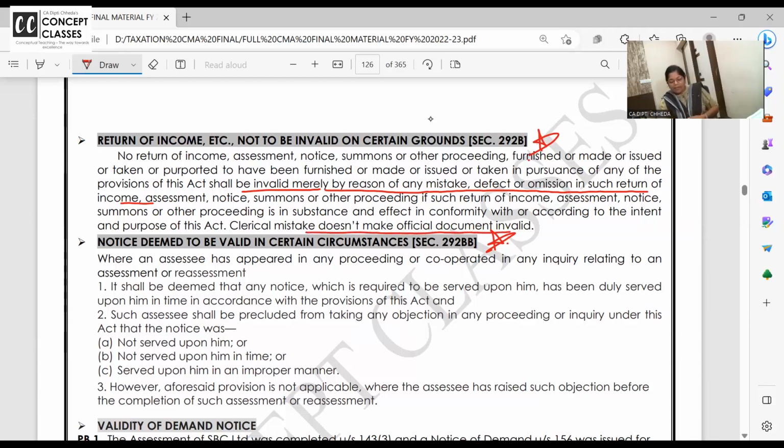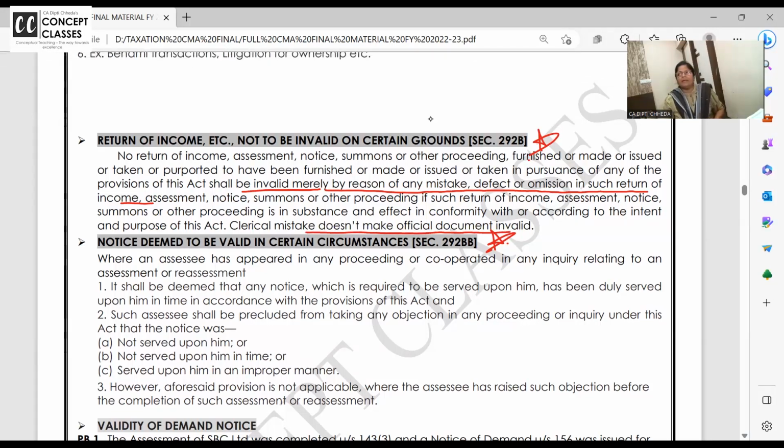So what happened? Say I filed my return of income and I got an intimation from the department in the name of Miss Dipti. My name is Mrs. Dipti Chheda. So suppose my name is written wrong, can I say this is not my order?